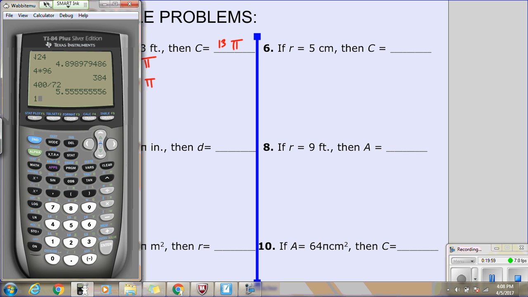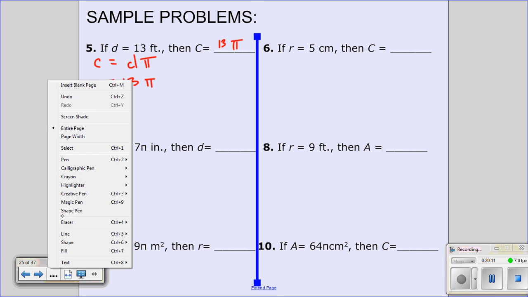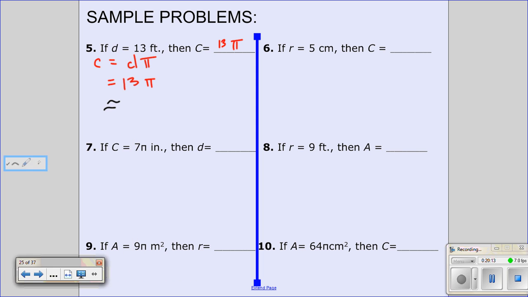So type 13 pi, which is about 40.84. And it's feet. Circumference and perimeter, you don't do anything special to the units, just write them as is.